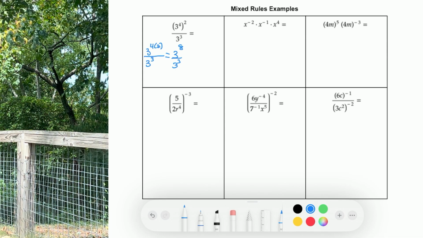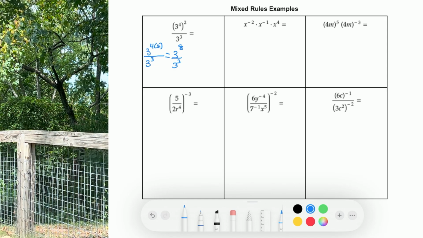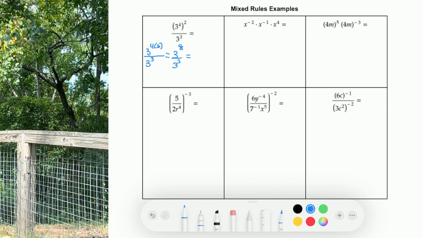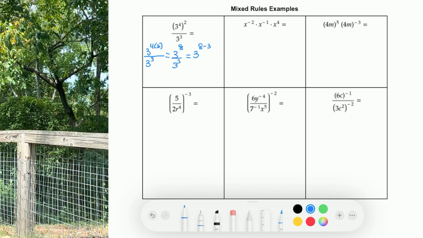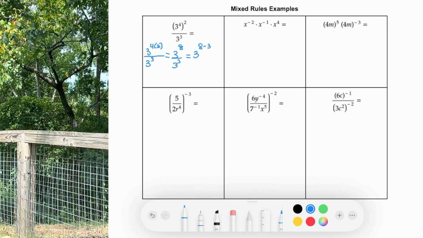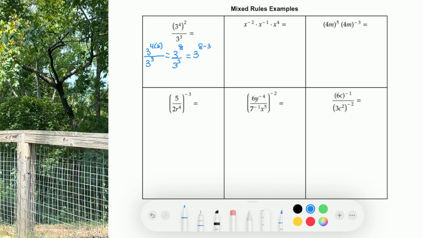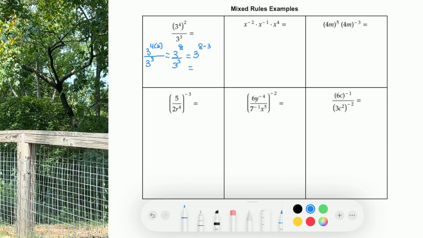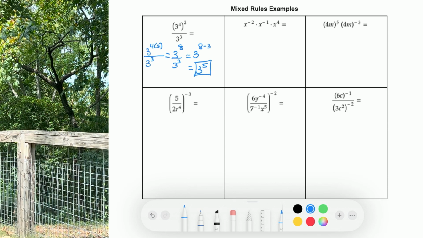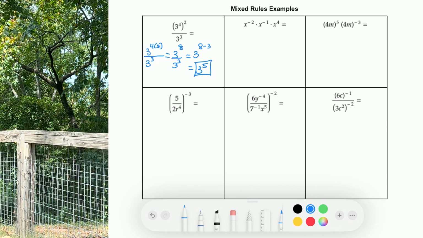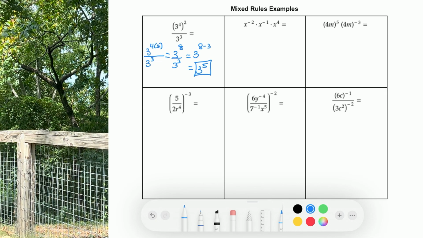I may be able to cancel out some of those before I do that. And that's what's going to happen here. I end up with 3 to the 8 minus 3 up here because I have that quotient rule that I need to use. And then that becomes 3 to the power of 5. If I had already done that 3 to the power of 3 and turned it into a 27, I never would have been able to do this part here.